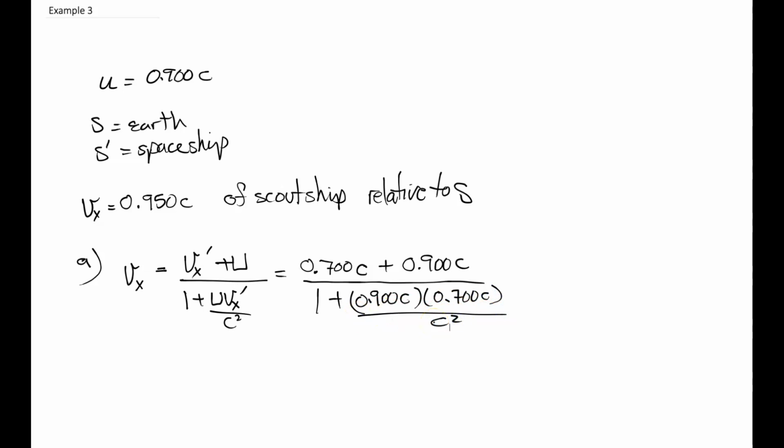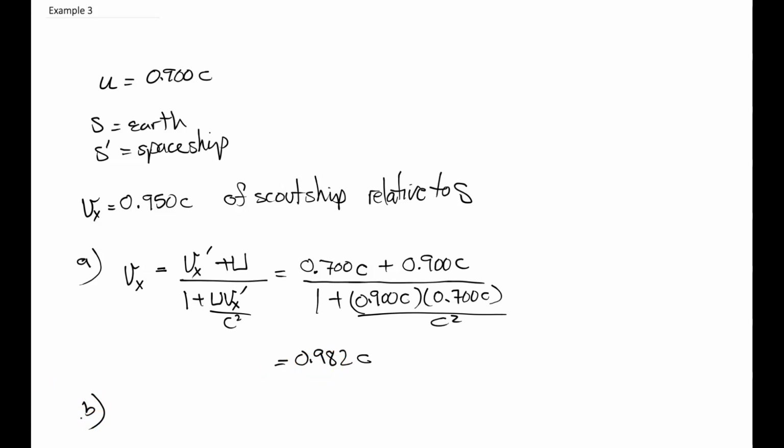Notice that we get a c in the denominator left from the cancellations, and we get about 0.982 c for the probe velocity relative to the Earth.